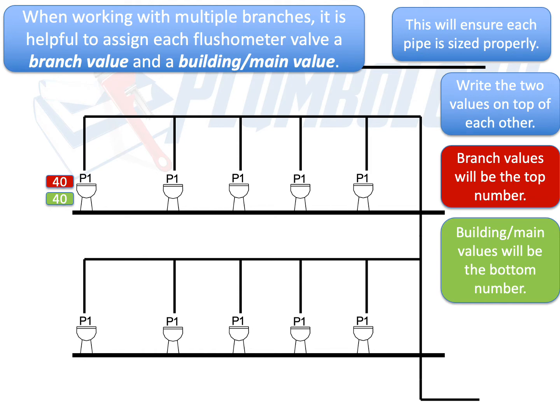The 40 in the green box represents that same fixture, the fixture's value on the building. So if we were to go way back to the street service, the meter, and the building supply. So 40 over 40 for that first flush valve.